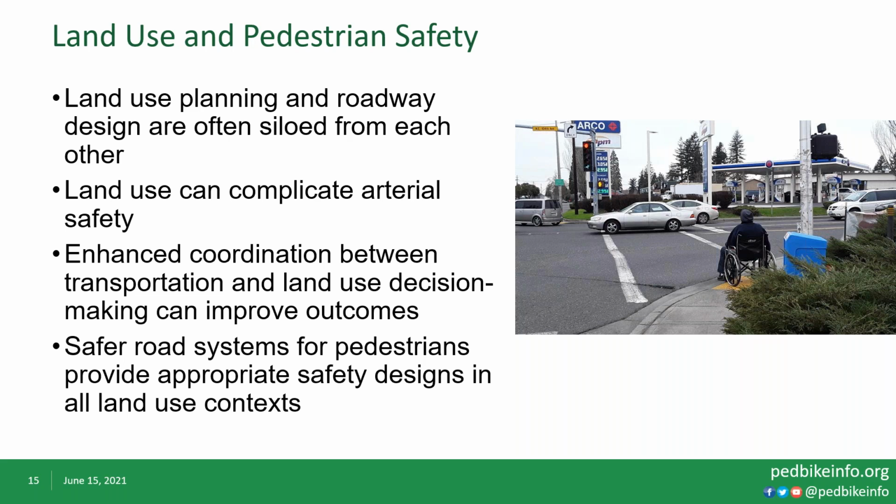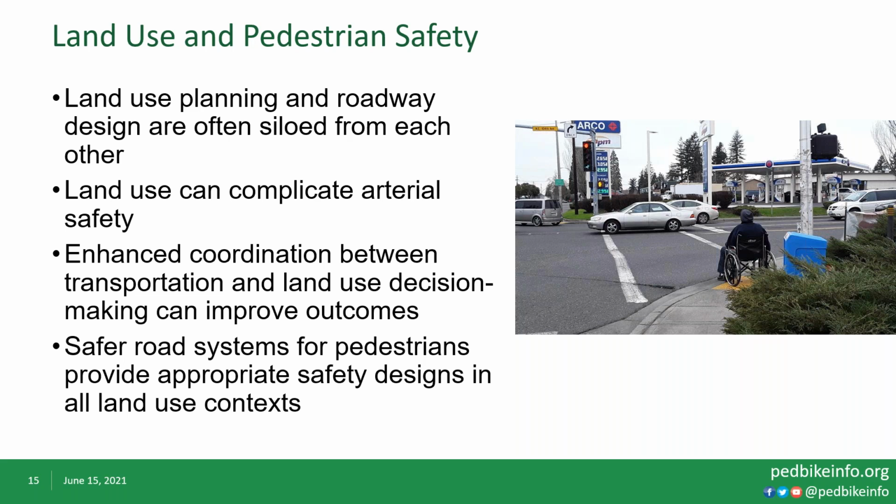In the DC region, the Metropolitan Washington Council of Governments, the MPO, has a transportation and land use connections program where year after year they're helping their jurisdictions find solutions in this space. In Montgomery County also, they are implementing Vision Zero ideas in their growth and infrastructure policy.